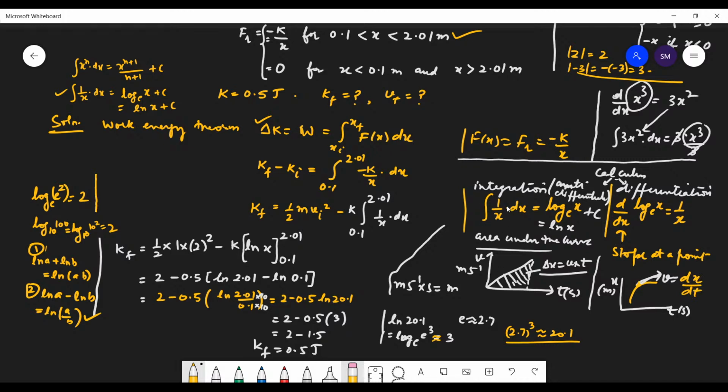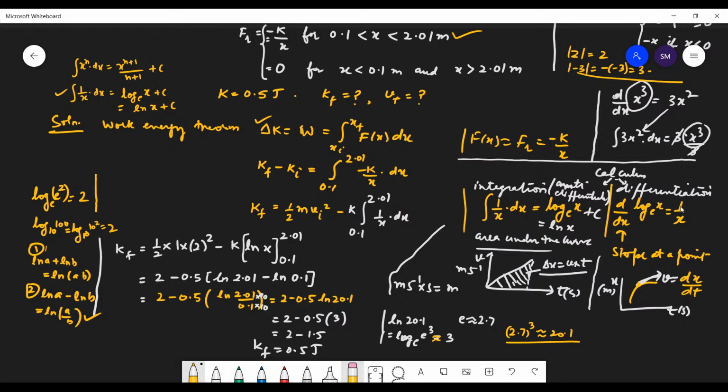Integration, as we have just done, is the area under the curve. So this is the physical interpretation, but algebraically, integration is anti-differentiation. It is just the reverse of differentiation. Suppose you are doing the differentiation of log x.